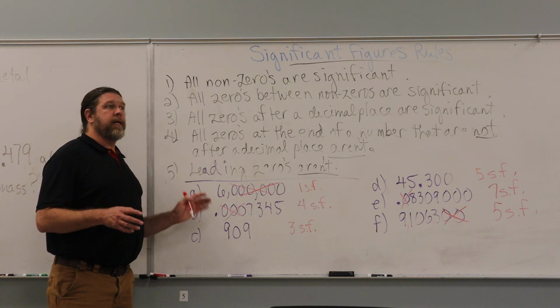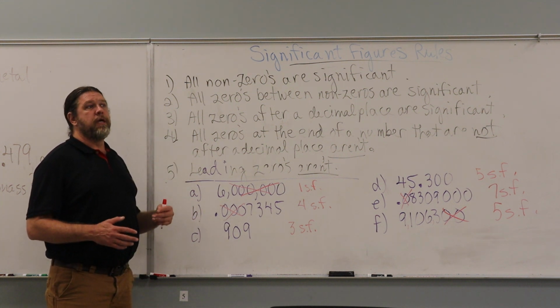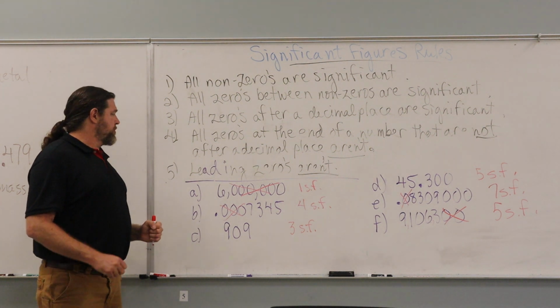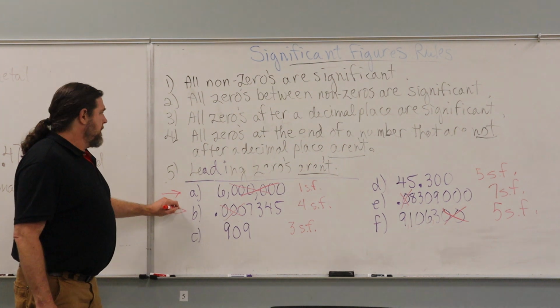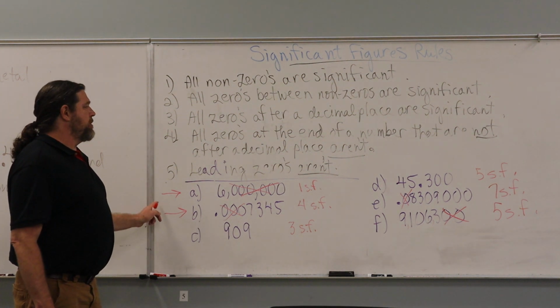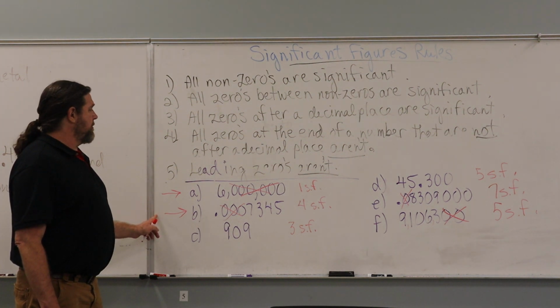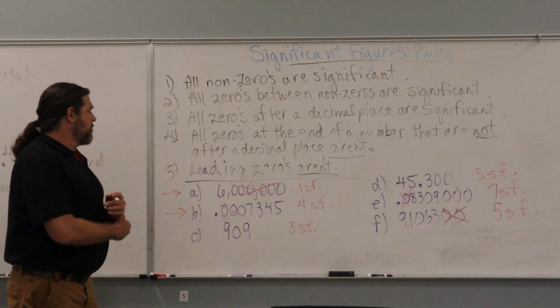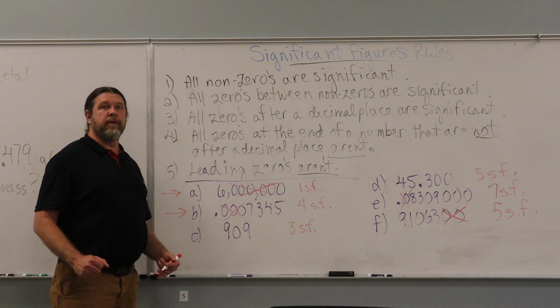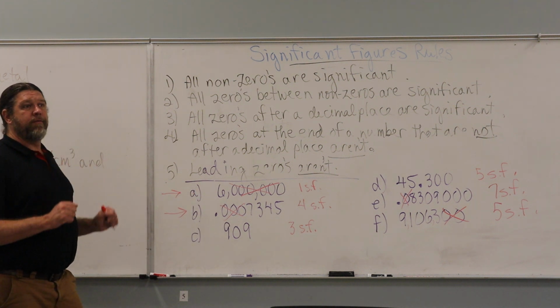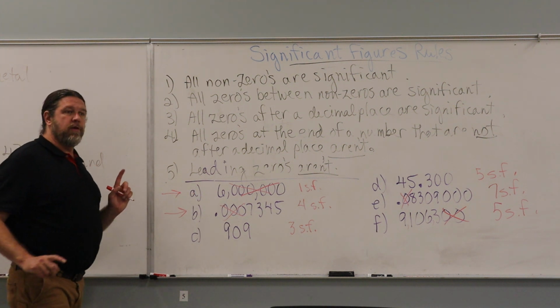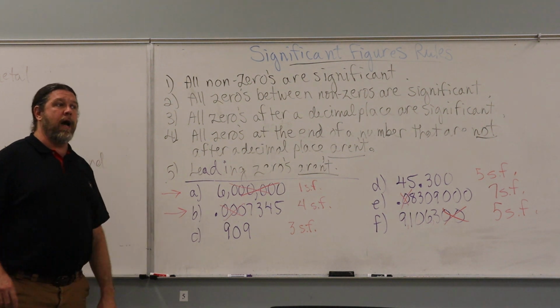By applying this to scientific notation, it starts making a little more sense about why, particularly in these 2 numbers, more than any of the others, we can really chop out some zeros, because in scientific notation, we can easily get rid of them. Let's move on to the next video and show how that works.